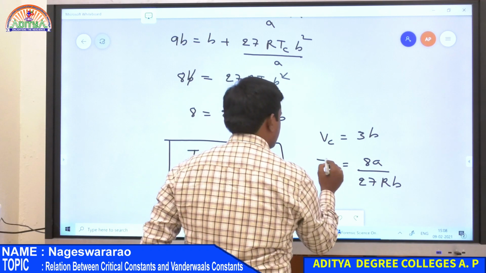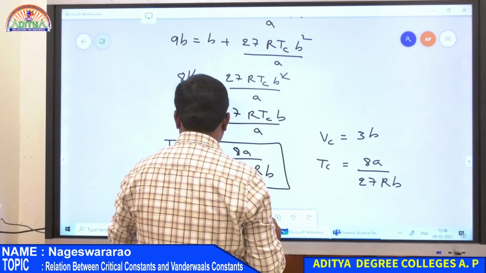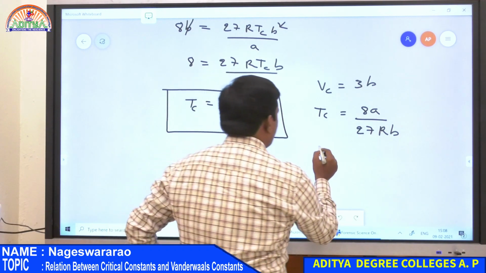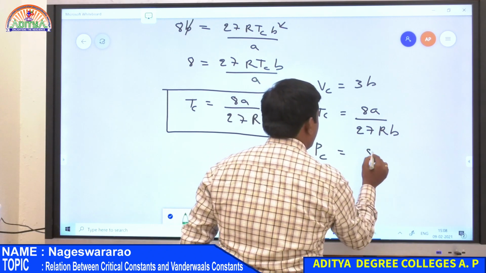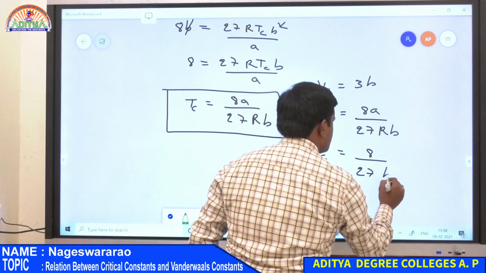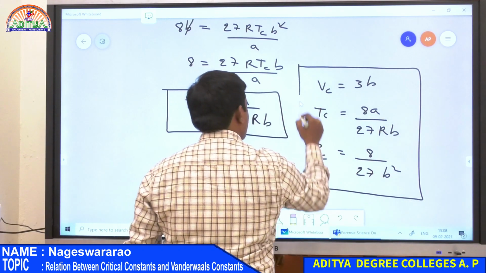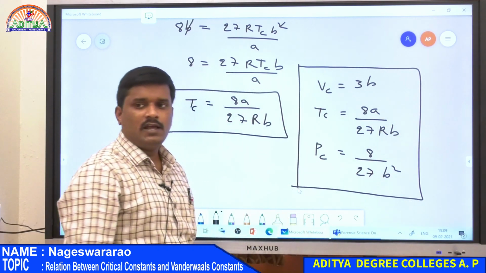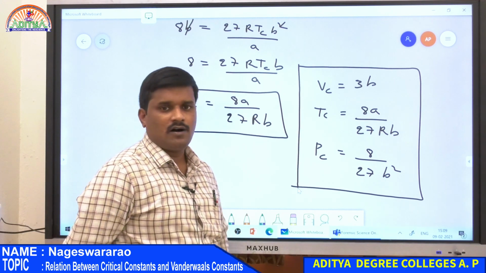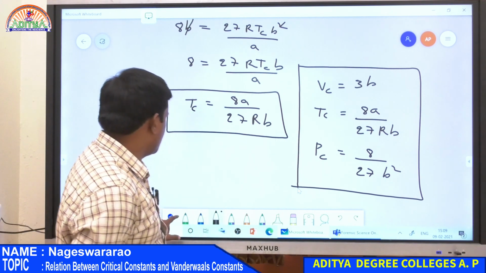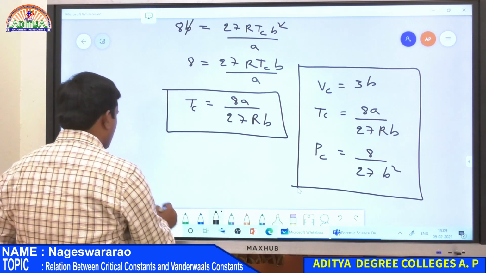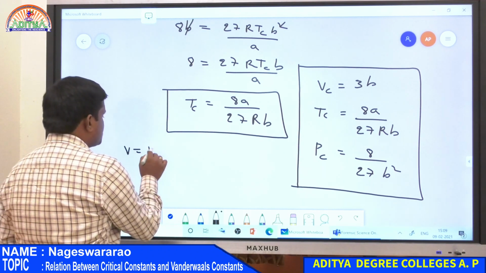So all these are the relations between van der Waals constants and critical constants. All these are derived using one relation, that is V is equal to VC.